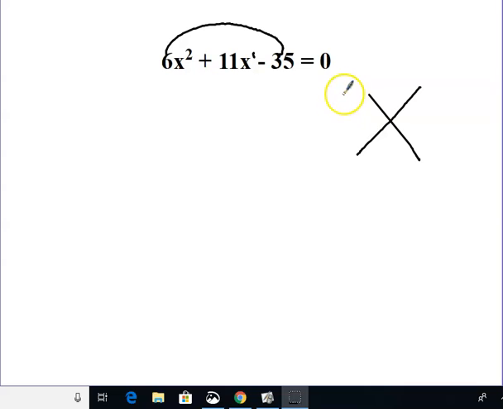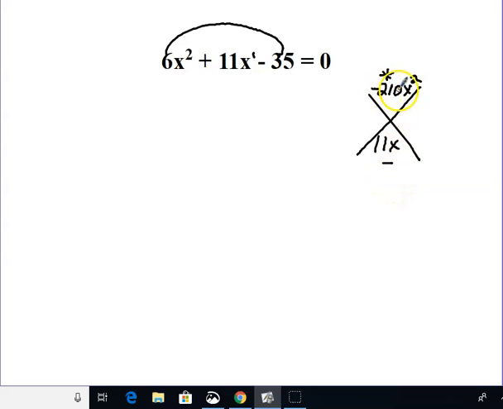When you multiply negative 35 times 6x squared, you get negative 210x squared. Place this middle term on the bottom, and you're asking yourself, what multiplies to give you negative 210x squared? That would, and I'll look at this last sign, that would subtract to give you a positive 11x.